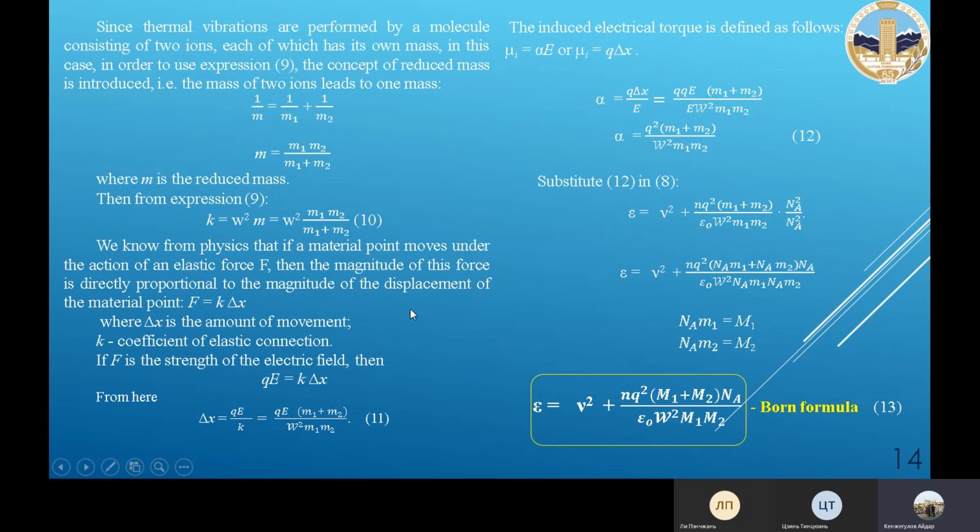We know from physics that if a material point moves under the action of an elastic force, then the magnitude of the force is directly proportional to the magnitude of displacement of the material point, where delta x is the amount of movement and k is the coefficient of elastic connection. So if the force is the strength of the electric field, we have this formula, and from here we have formula 11.